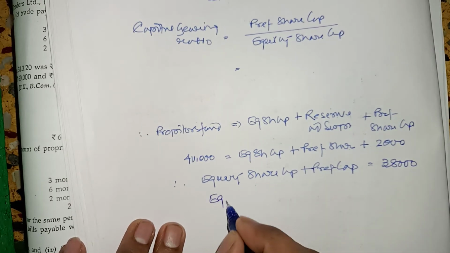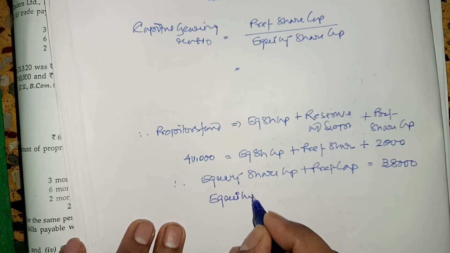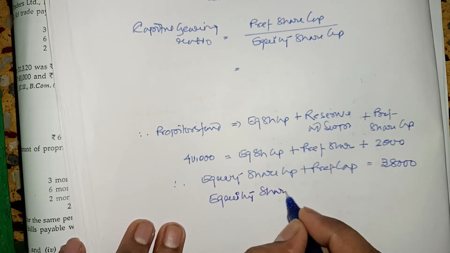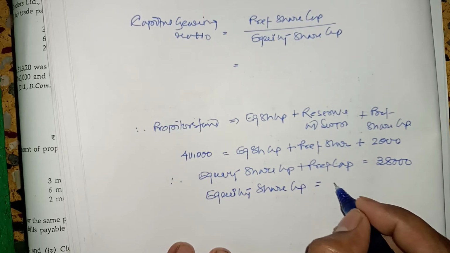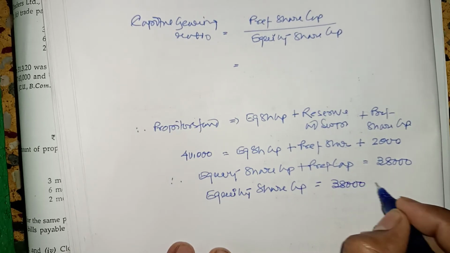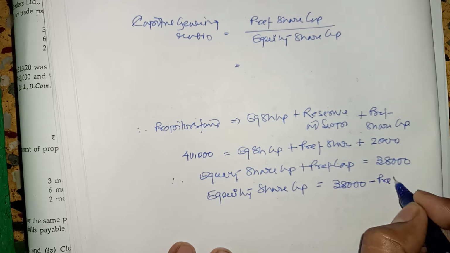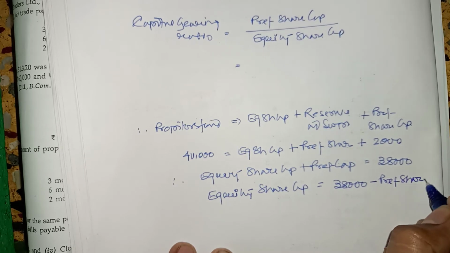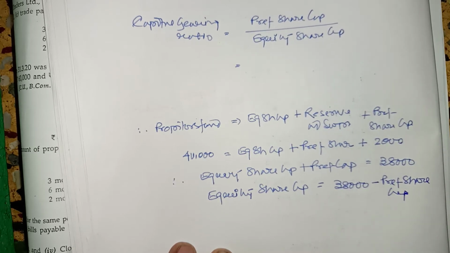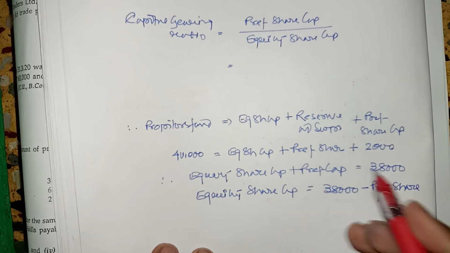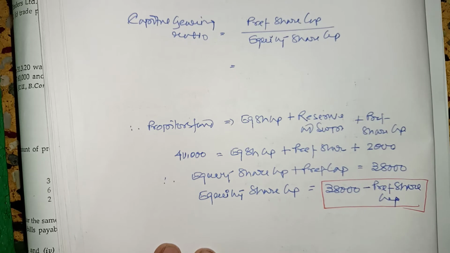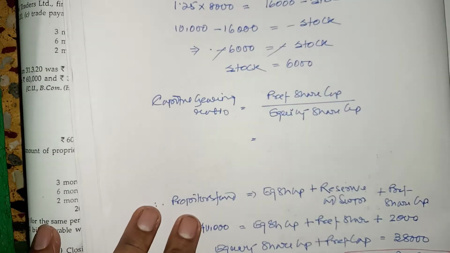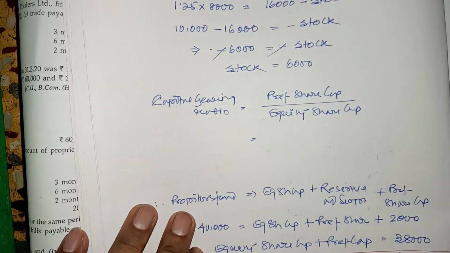Or we can write equity share capital is equal to 38,000 minus preference share capital. This is the equation we can write.